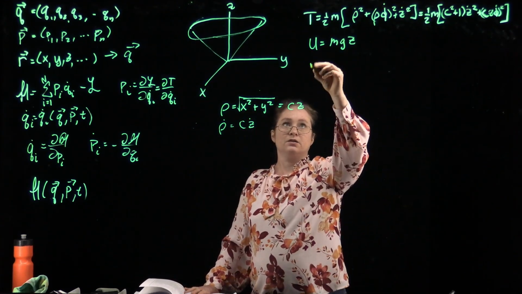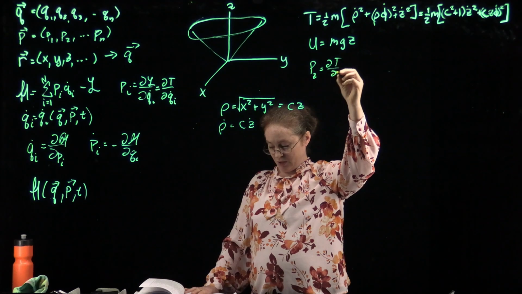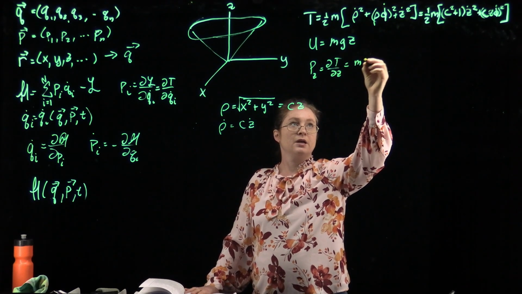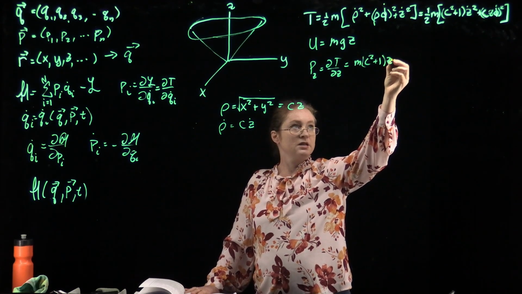And then I can define my momenta. Pz is partial t partial z dot, which is m times c squared plus 1, z dot.